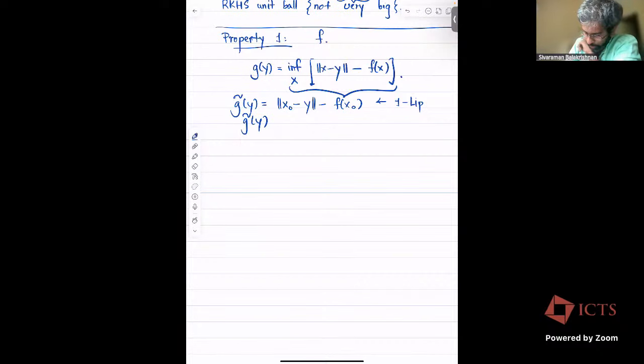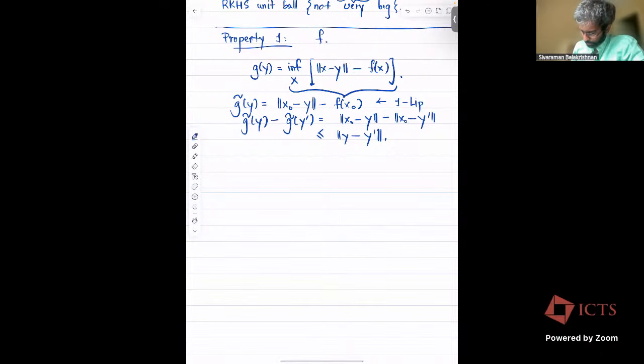g tilde of y minus g tilde of y prime. Okay, so you can easily see that this is one Lipschitz.